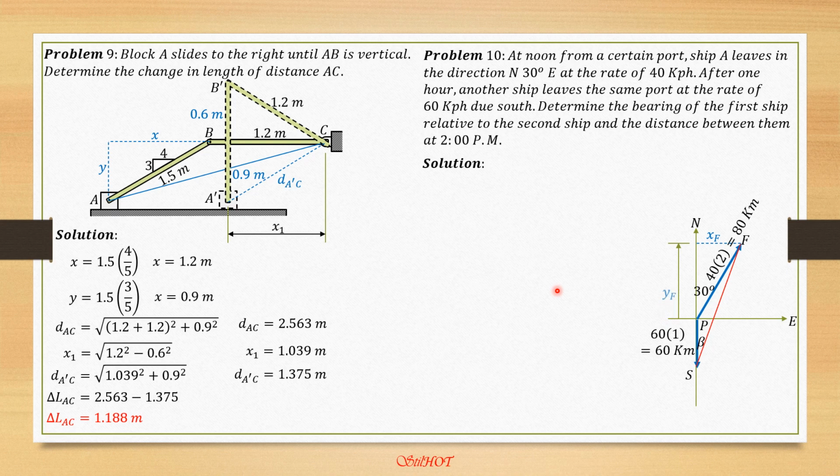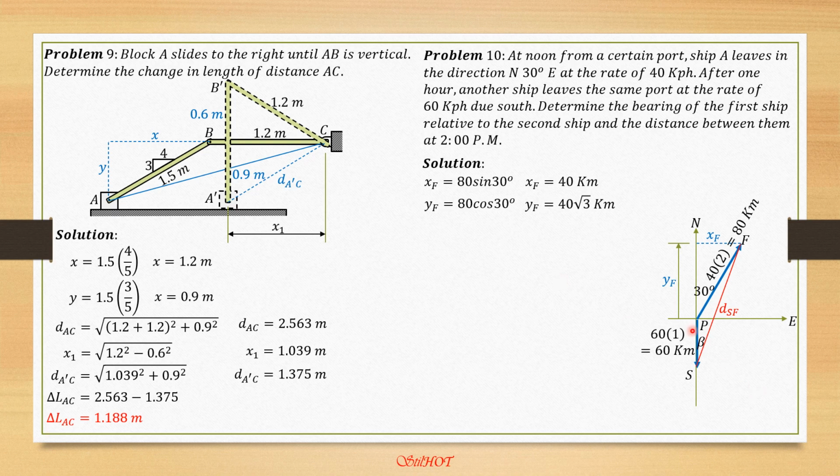So that's 80 cosine 30, so 40 square root of 3. Remember, sine 30 is 1/2, so 80 times 1/2 is 40 kilometers. Then YF is hypotenuse cosine of 30, so 80 cosine of 30 is 40 square root of 3.